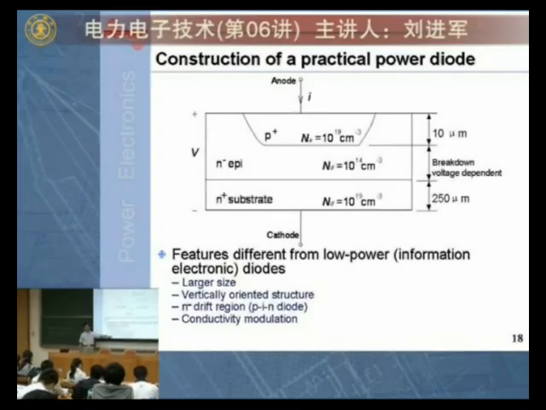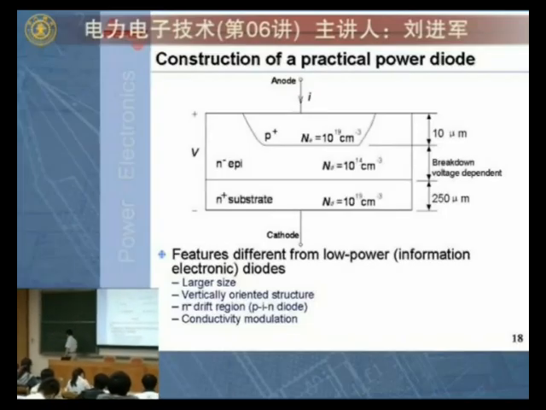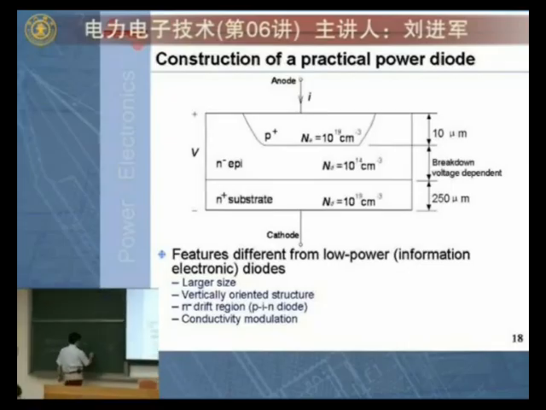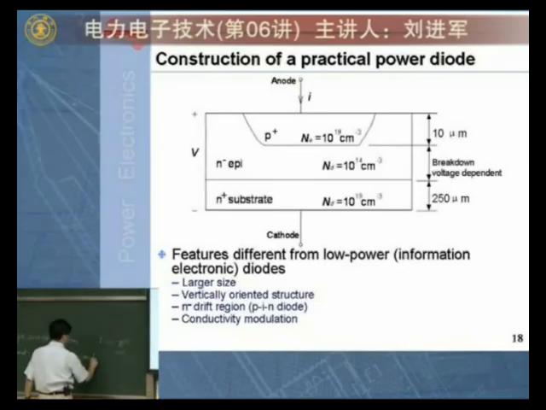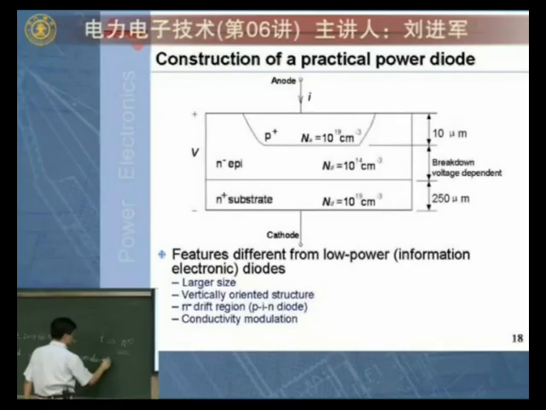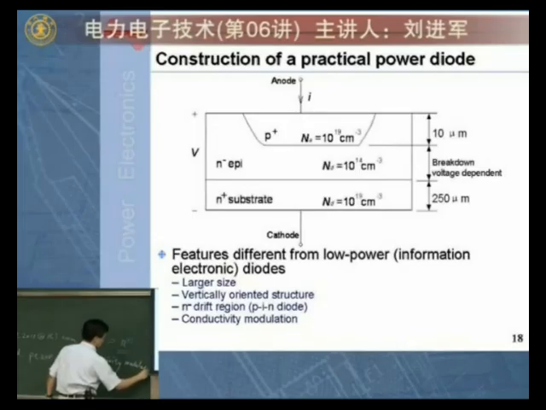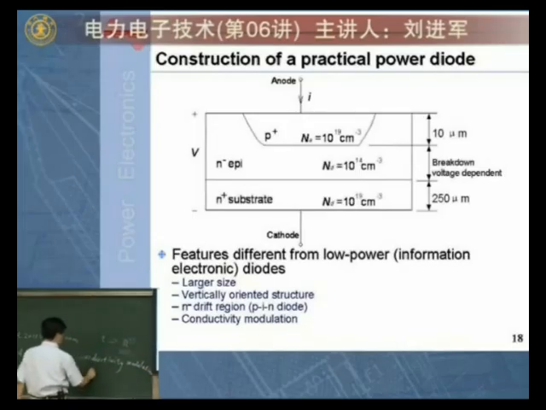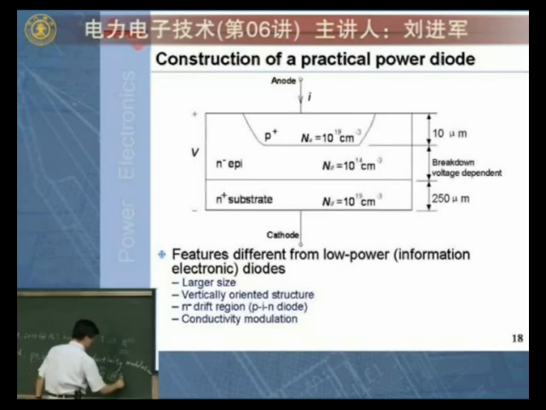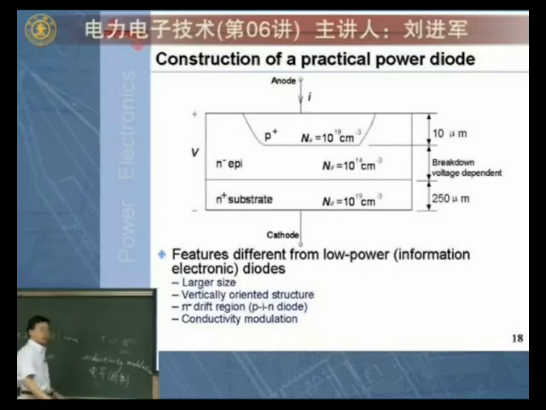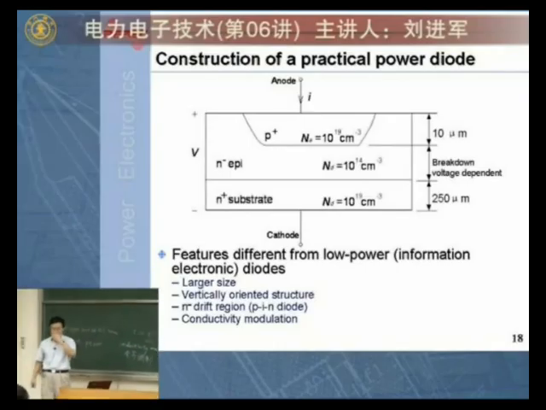The key is conductivity modulation. Conductivity modulation.